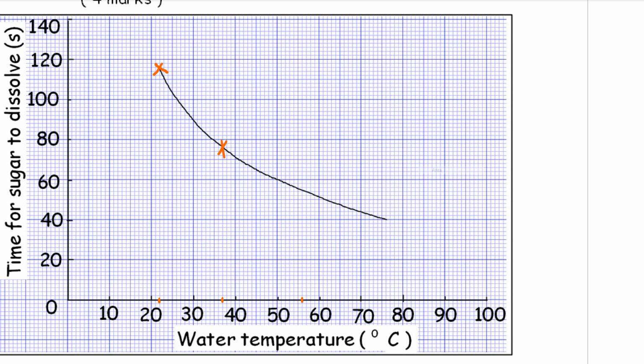Boom, go straight up and you get to this point here, just making sure that is 56, just over there. And the final one was at 76. The water temperature was 40. Yes, we've got that there. That's great. So that was 1 mark each for those plots.